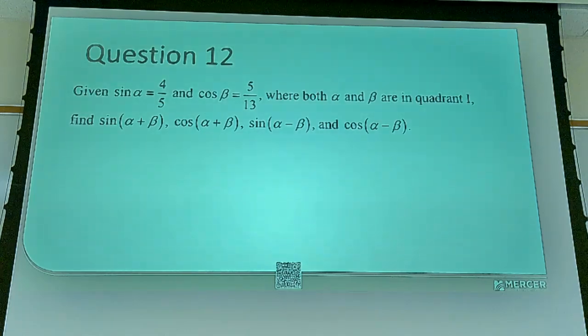So we're given that sine of alpha is 4/5, cosine of beta is 5/13. Both alpha and beta are located in quadrant 1. Find sine alpha plus beta, cosine alpha plus beta, sine of alpha minus beta, and cosine of alpha minus beta. And just for fun, we'll also determine what quadrant alpha plus beta is in and what quadrant alpha minus beta is in.